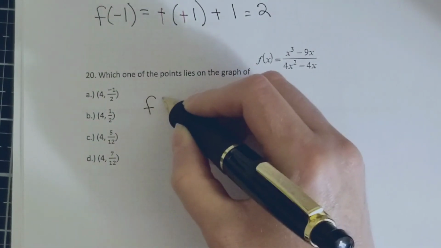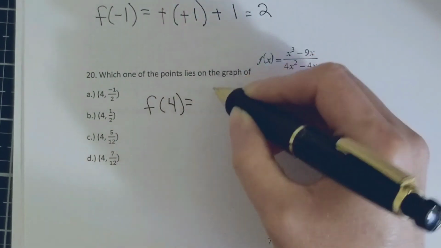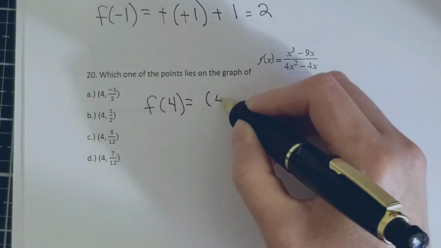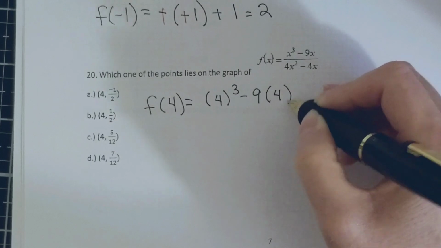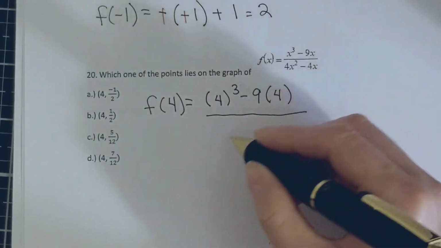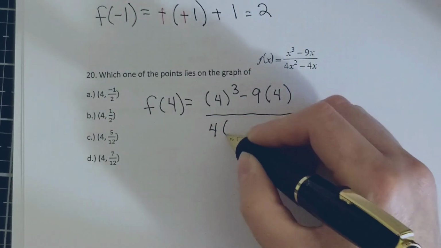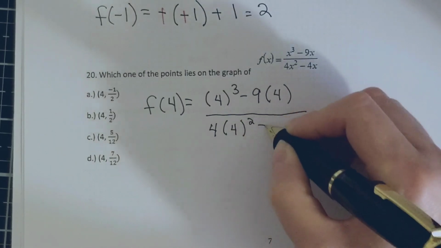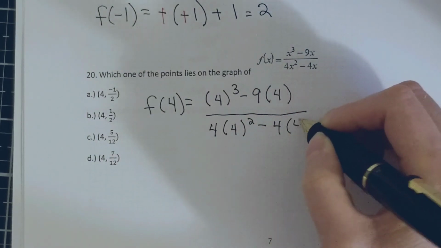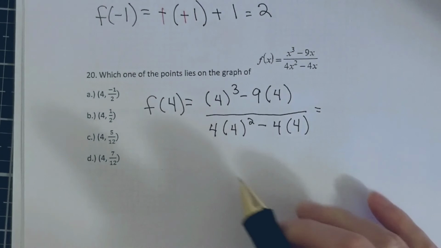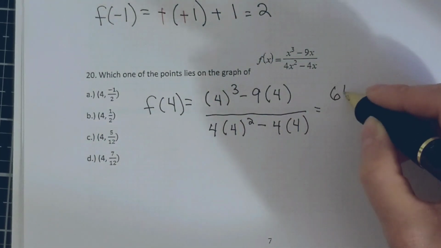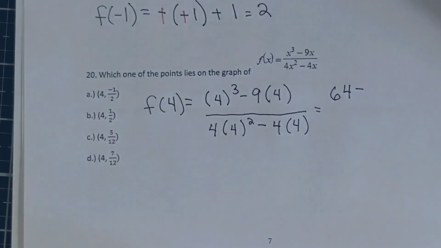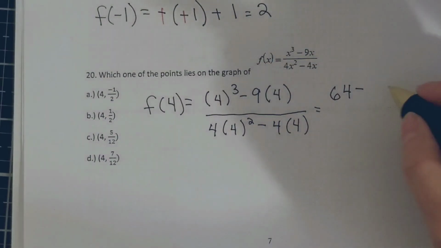Okay, so we're looking at f of 4. So we're looking at 4 to the third power minus 9 times 4, divided by 4 times 4 squared minus 4 times 4. Okay, 4 to the third power would be 64. 9 times 4 is 36.